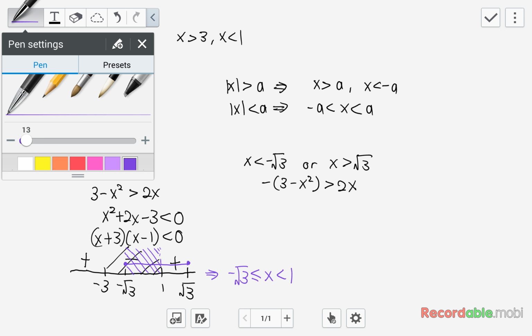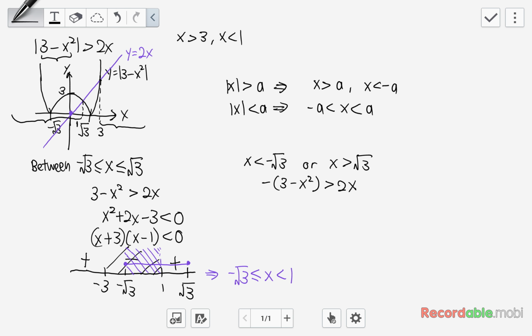Where's my black pen? Yep, it's here. So I'll just bring it in straight. So minus x squared, so I'll get x squared minus 2x, this 2x I bring over, and minus 3, then it will be greater than 0.